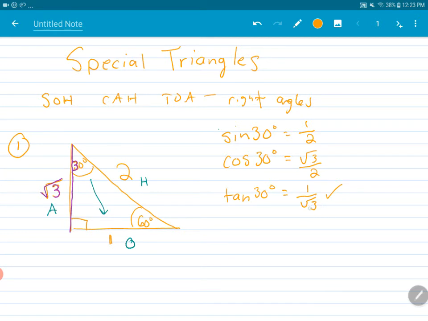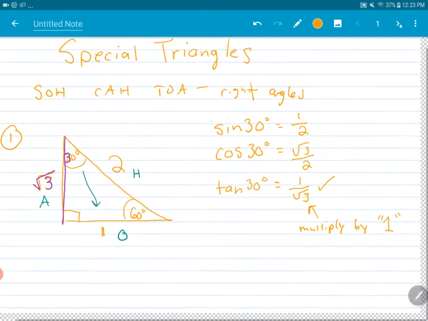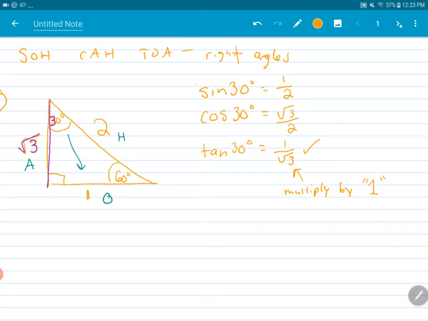So I'm going to show you how we make it the exact same value, but make it look a little bit differently. So kind of like we did when we were solving for rationals, we want to basically multiply this whole thing by 1. And I'm putting the 1 in quotations because it's something that looks like 1, but we make it look a little bit different.